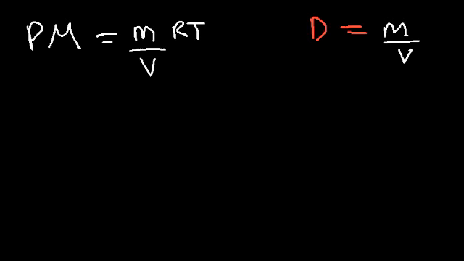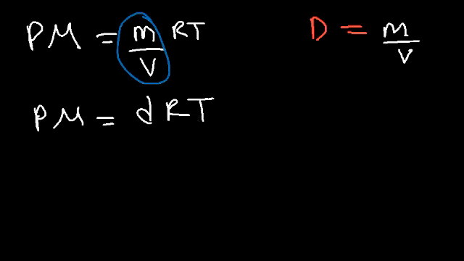So you can replace m over V with density. So here's the equation. Pressure times the molar mass of a gas is equal to density times RT.